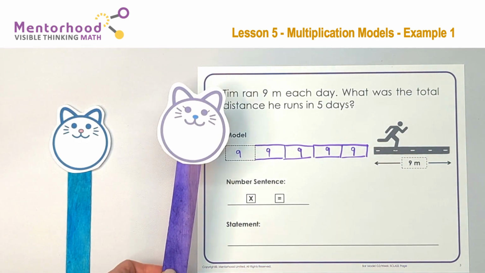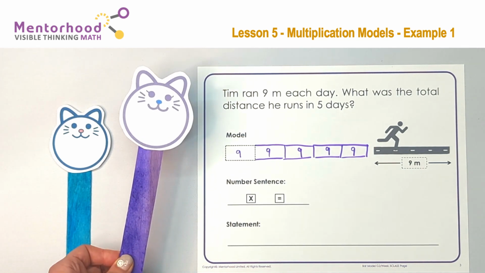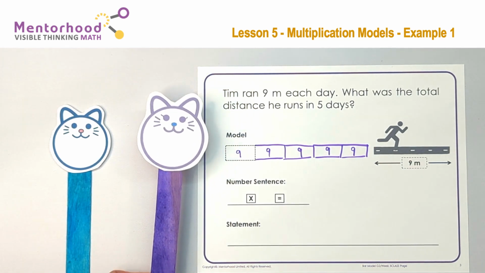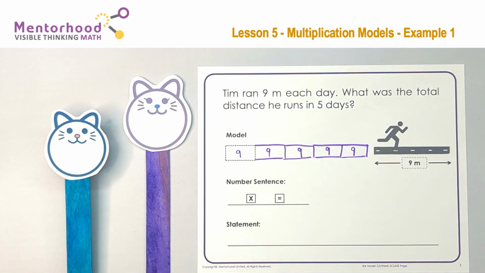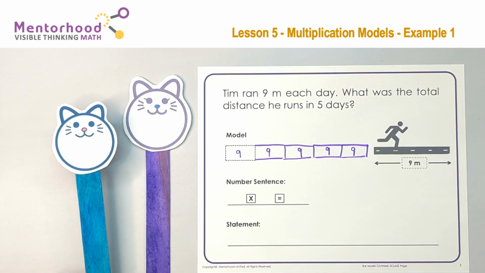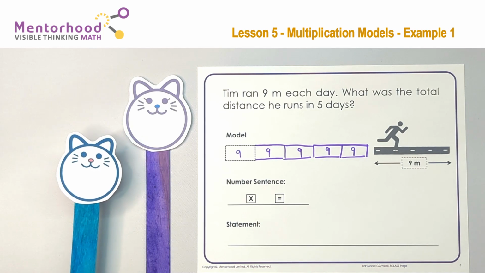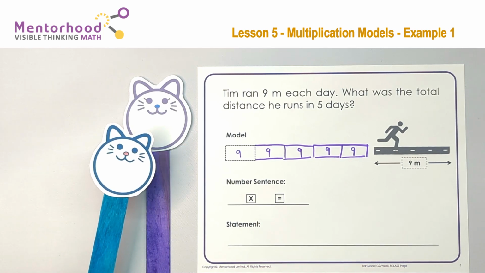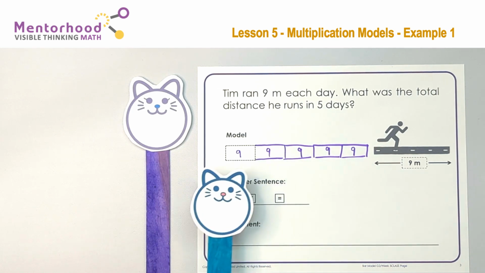Okay, now what is our multiplication sentence? Matthew, do you remember how to do a multiplication sentence? Well, a multiplication sentence would be like how many groups of the number you have. So we've got 9 and we've got 5 of them.